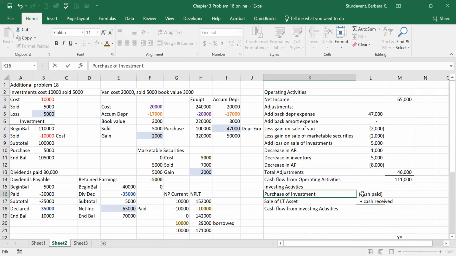Cash paid, and it's going to decrease cash flow. How much did I pay to purchase an investment? Look over here. That's what I paid, labeled 5,000. You paid $5,000. This purchase right here, right?